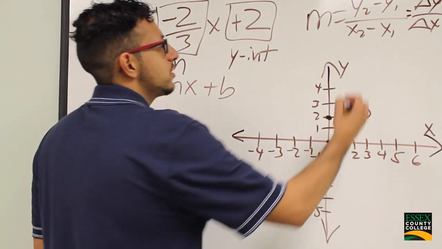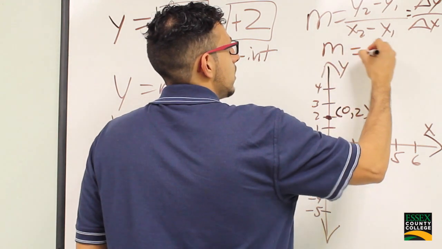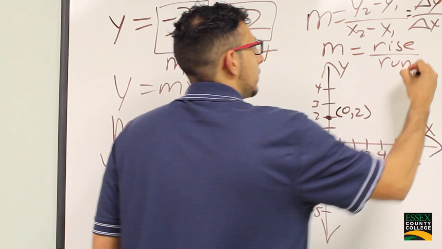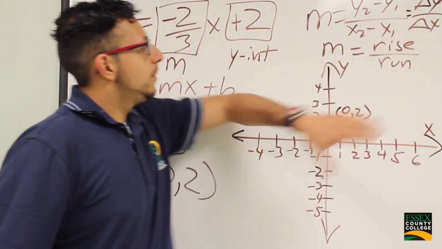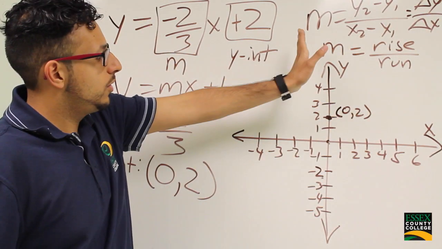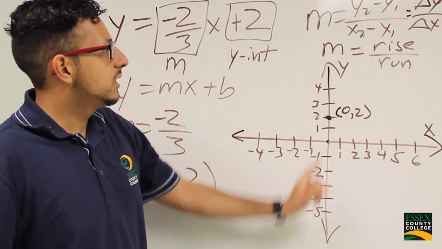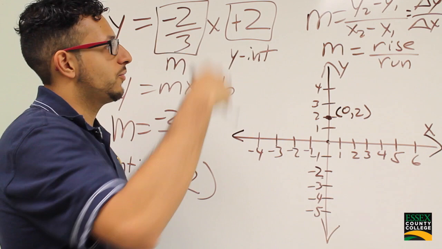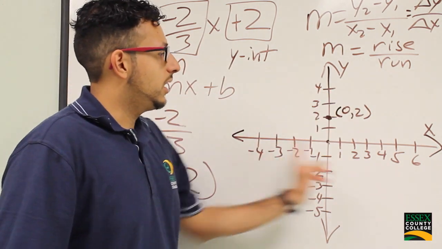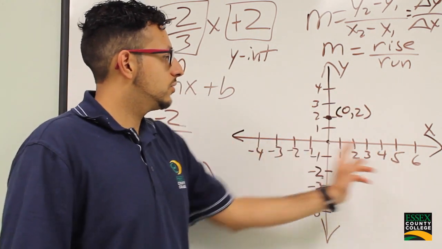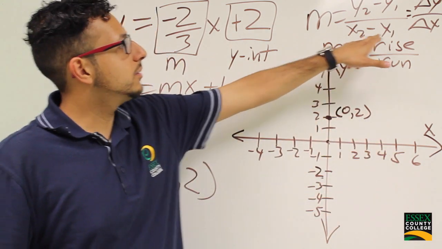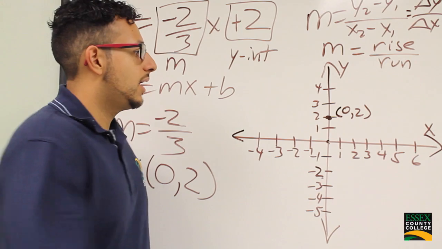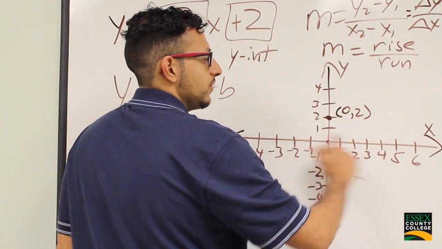Another way to see slope is the rise over the run. The change in y, y being vertical, is called the rise, because going up and down is how we rise. The run means left to right, being the x, because the bottom is the change in x. It's called the run, how the x changes from left to right.